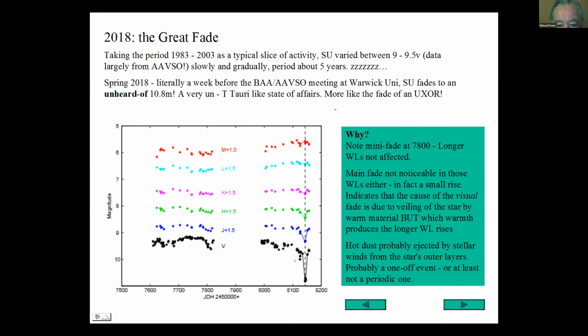So something is causing this that isn't part of your regular T Tauri variation. So again, we have a T Tauri variable but not necessarily with T Tauri type changes in light. This is actually more like the fading of the last star we looked at, right down to 15.7 kind of thing. So it's a very deep fade.